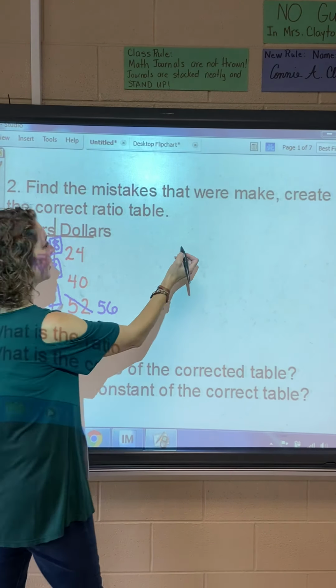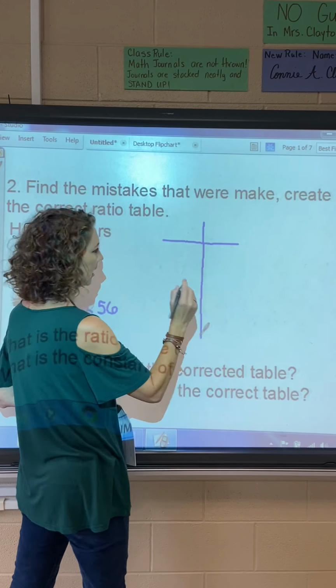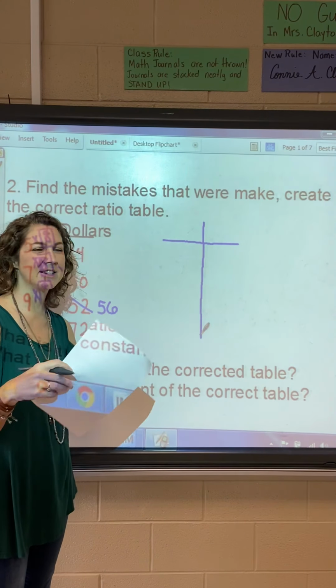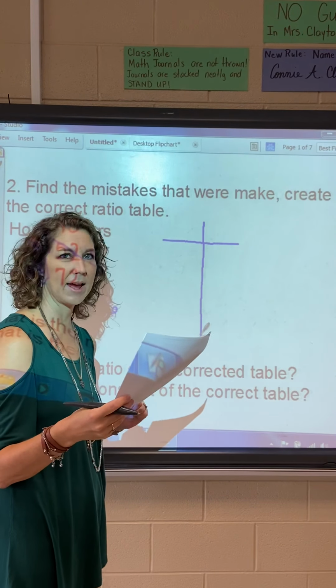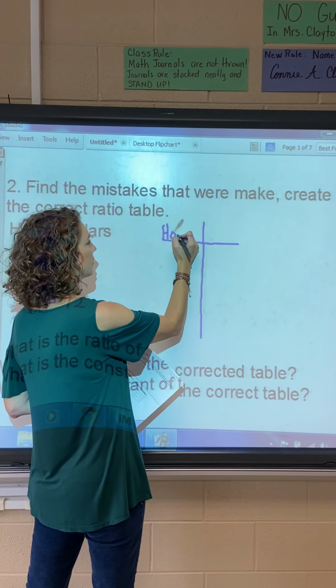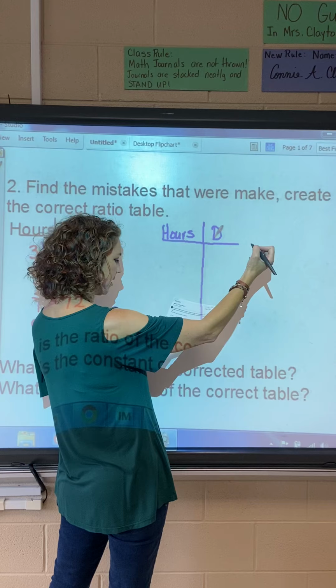So now it just asks us to make, and you're going to do this in your math journal because you can't make a table on Edge Elastic. I tried to do a table on Edge Elastic. It was kind of complicated, kind of messy, so I just made it to where we have a couple of questions to answer. All right, so we've got hours. I want you to do this in your math journal. Hours in dollars. It says pay in dollars.